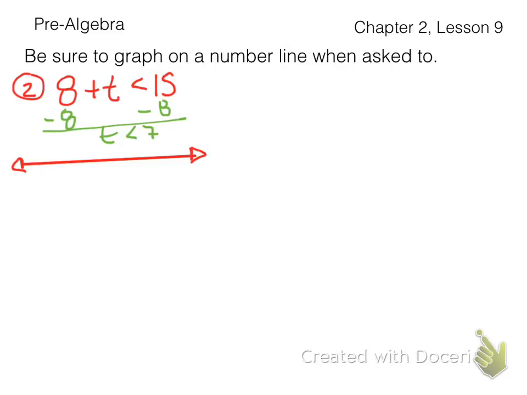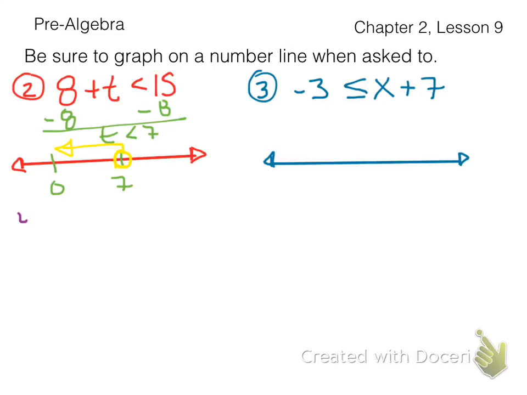So if I'm going to graph this, I always have 0, I have my comparison number, since it's a less than, it's going to be an open circle, and t is less than 7, so it's all the numbers to the left of 7, because again, t could be 6, t could be 5, t could be negative 2, t could be negative 5,000, because it is a number that is less than 7.